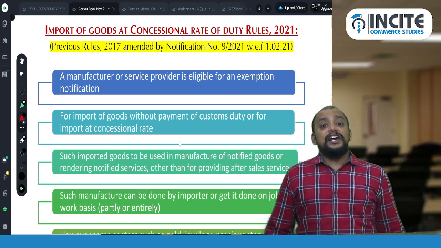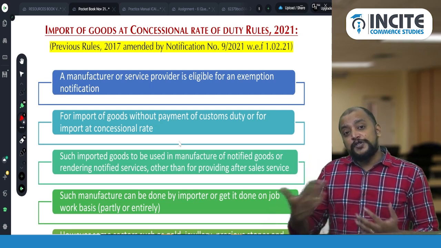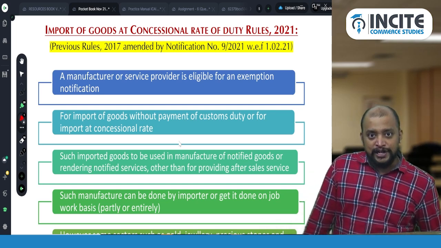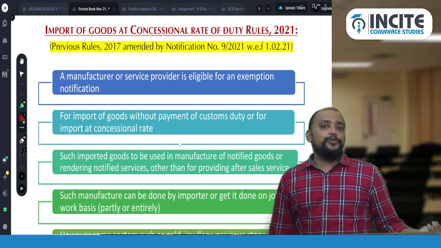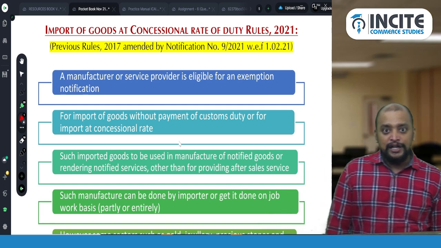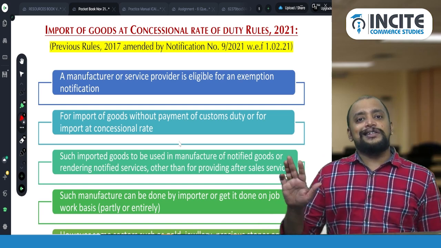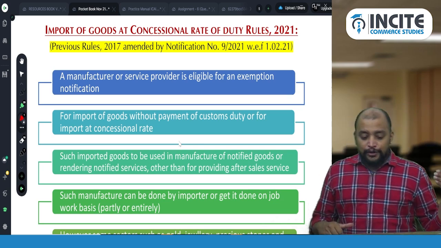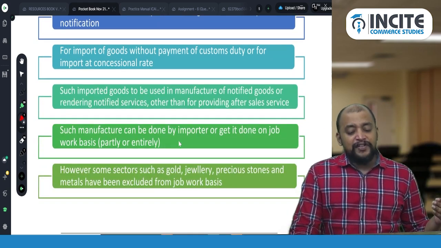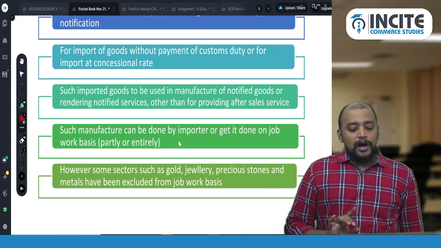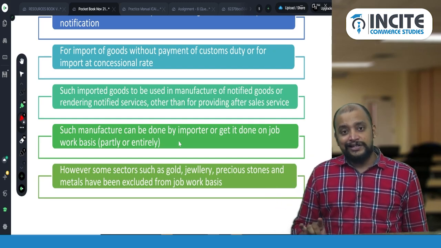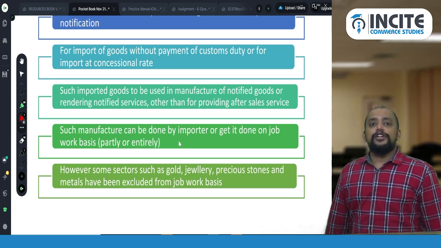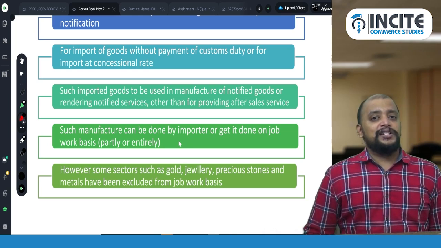Okay. So service providers can import goods without payment of customs duty, or a manufacturer can import goods without payment of customs duty, or can import goods at concessional rate of duty. Then such imported goods are to be used in manufacture of notified goods or rendering notified services, other than for providing after sale service.